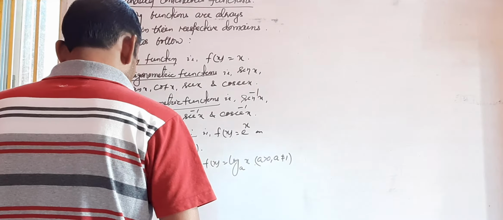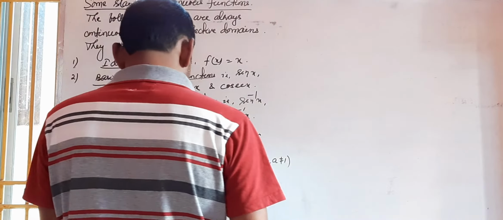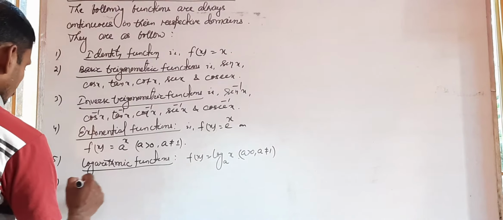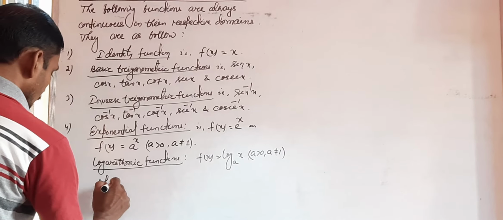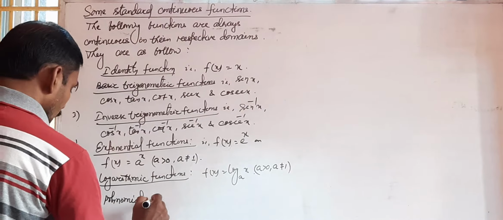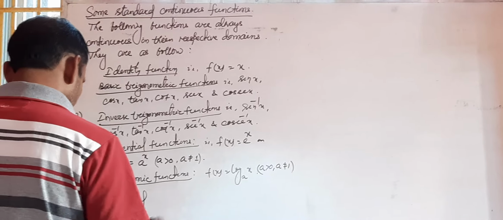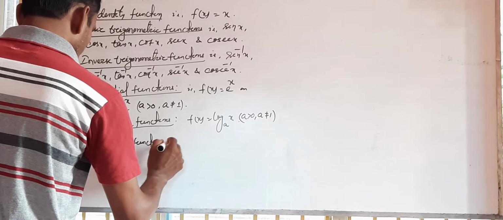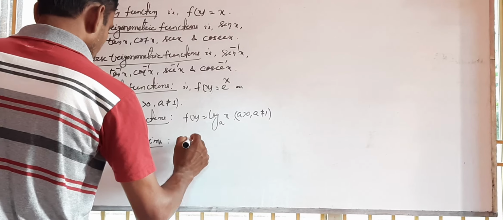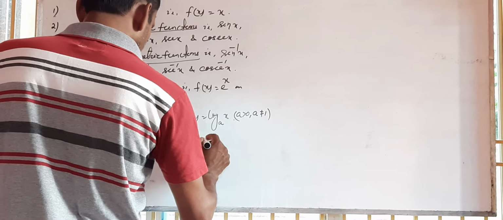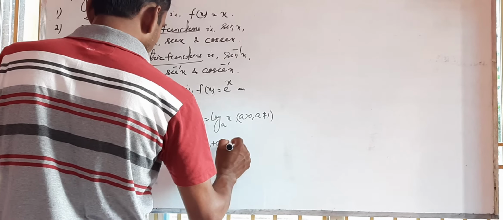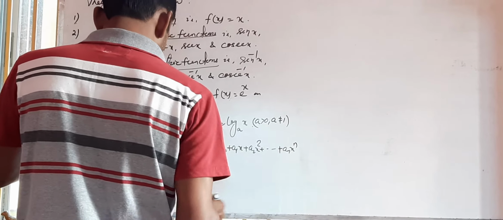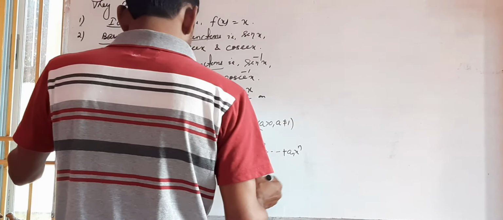Okay. Then another is the polynomial and rational function. A polynomial function means f(x) equals a0 plus a1 x plus a2 x square plus up to an x to the power n.